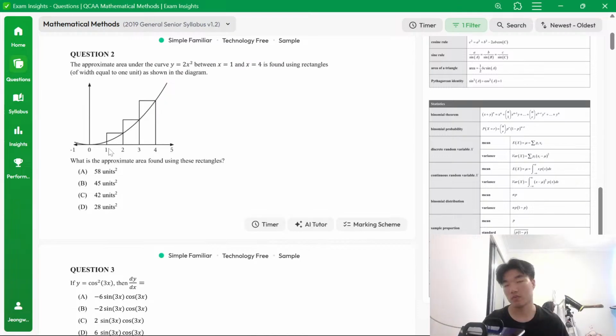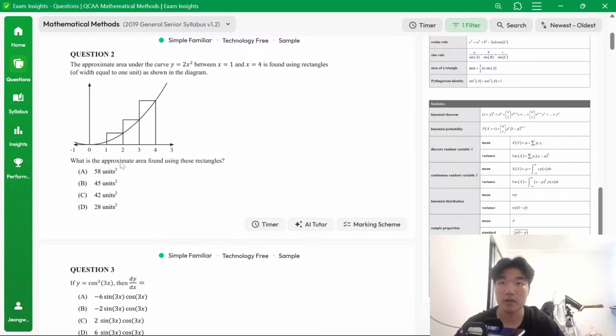For the first rectangle, the height is just the y value at x equals 2. So y equals 2 multiplied by 2 squared, which is 8, is the area of the rectangle because the width is 1 for all the rectangles.